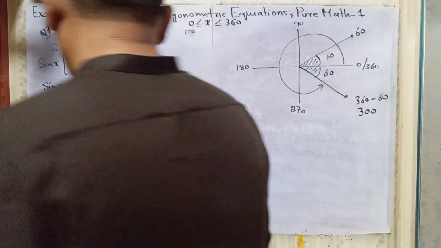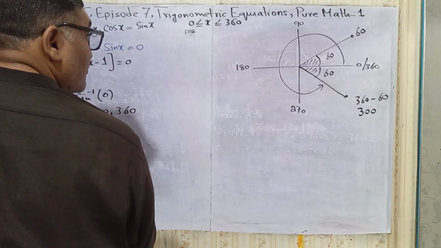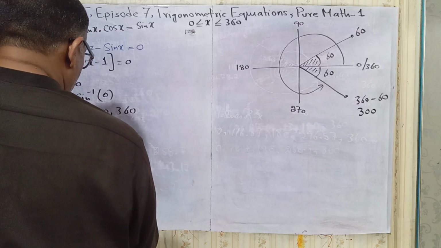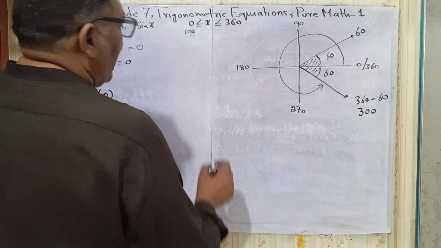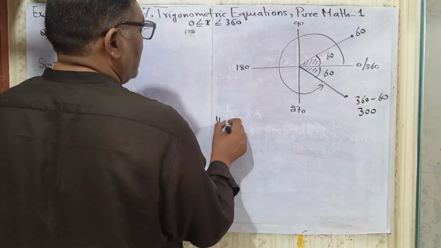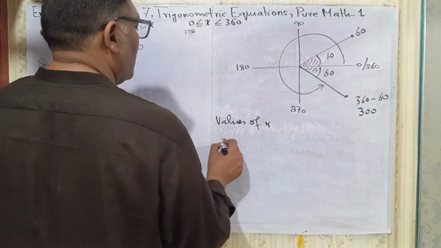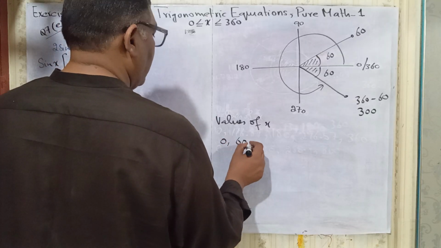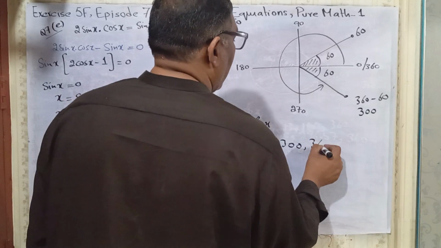So the x basically is equal to 60, and it is also 300. So the values of x are 0, 60, 180, 300, and 360.